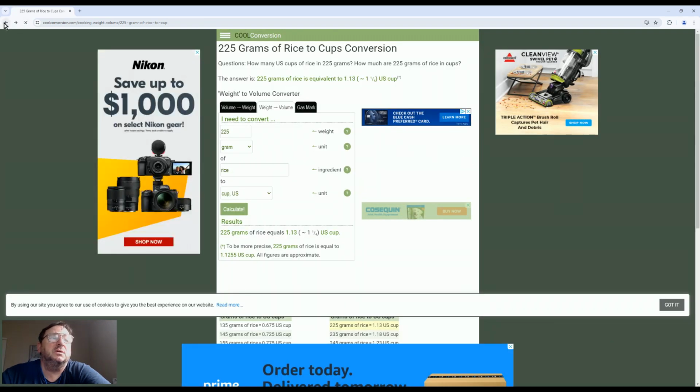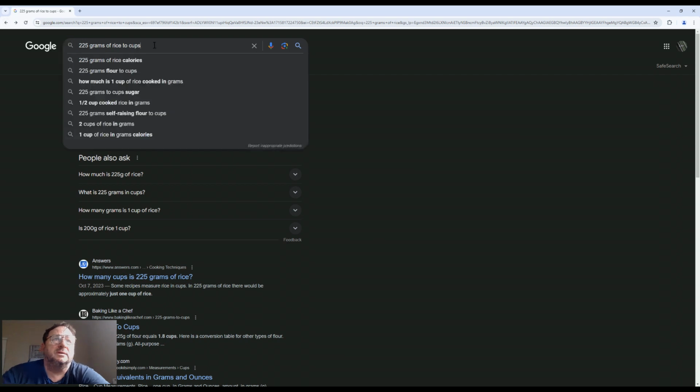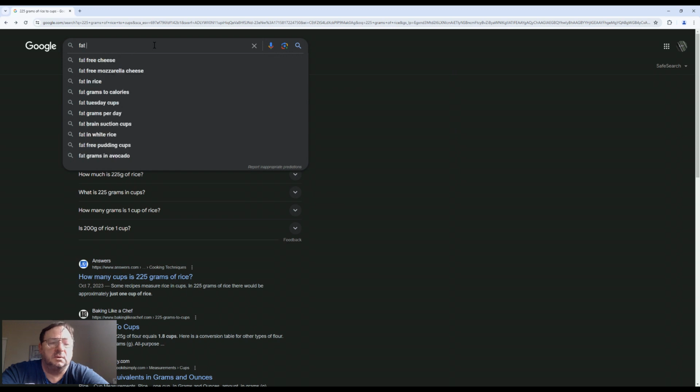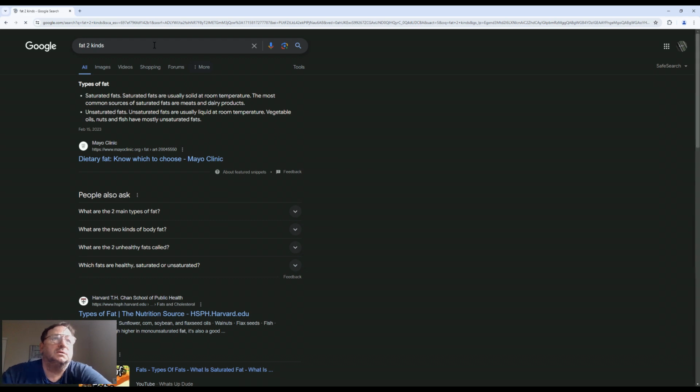Now what do you do with fat? You need fat, two kinds. So you have saturated fat and unsaturated.